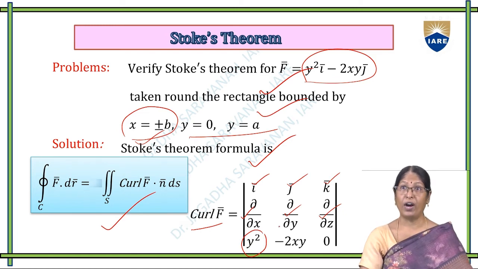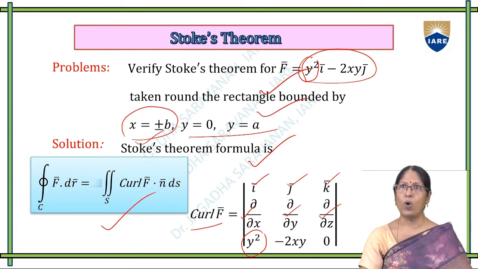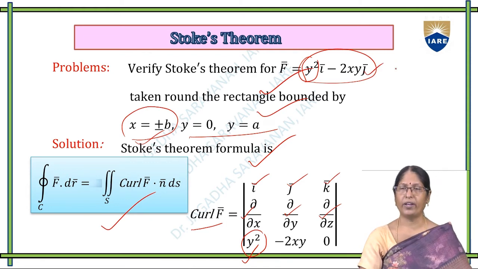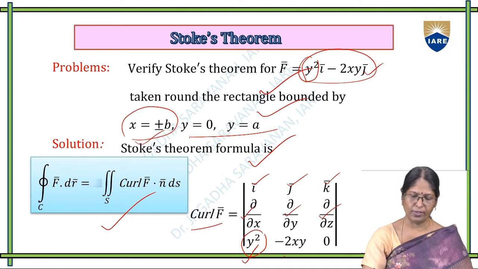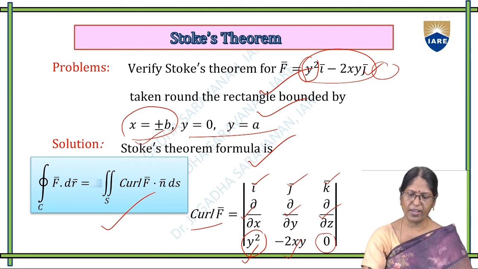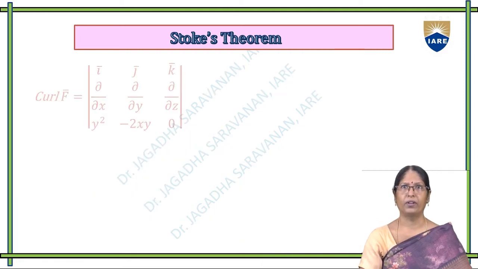In our function, for i there is y squared, for j, the mutually perpendicular vector, minus 2xy is written. Regarding k, there is no term at all, so it is treated as 0 and we put 0. Now we have to find curl F.